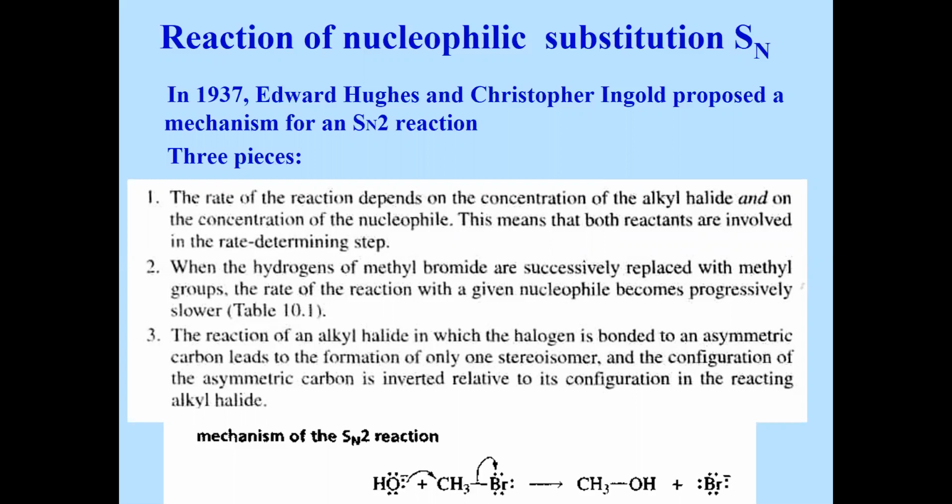The reaction of an alkyl halide in which the halogen is bonded to an asymmetric carbon leads to the formation of only one stereoisomer, and the configuration of the asymmetric carbon is inverted relative to its configuration in the reacting alkyl halide. You can see a scheme of the mechanism of reaction.